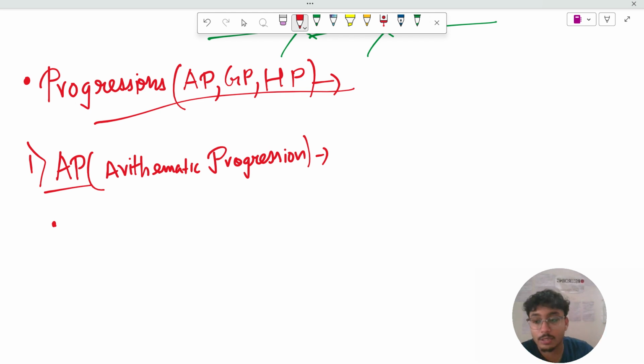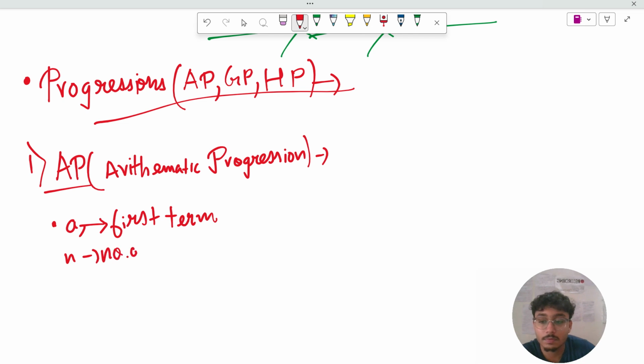Here, my consecutive terms can be got by adding some fixed number or subtracting some fixed number from the previous term. And the same happens for the upcoming term. One normal notation is that A will always denote my first term, N will denote the number of terms of the series.